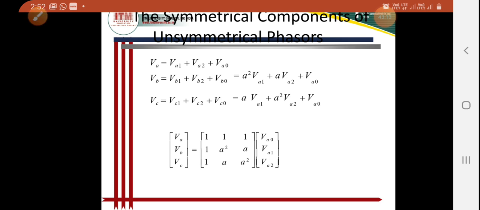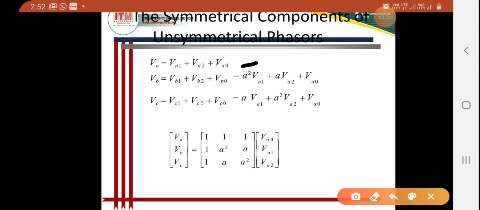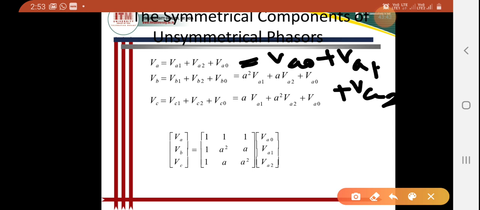Arranging VA as VA0 plus VA1 plus VA2, I can write VA as 1 1 1 times VA0, VA1 and VA2.